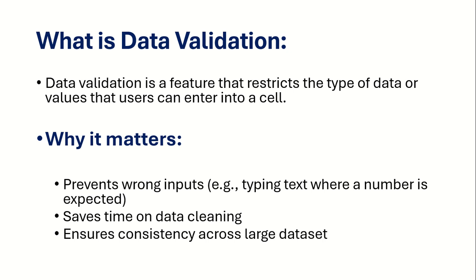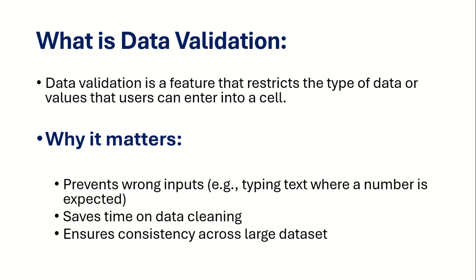So you have to come again and clean those data, like filter out those people that are not part of this age bracket, because that's not your targeted people, right? So it saves time on data cleaning. If you validate that at the spot, it's going to reject that entry. So it saves time on data cleaning and it ensures consistency across large data sets, right?